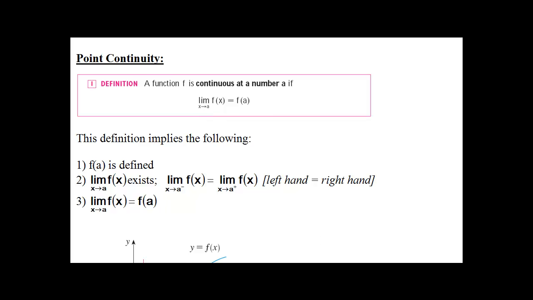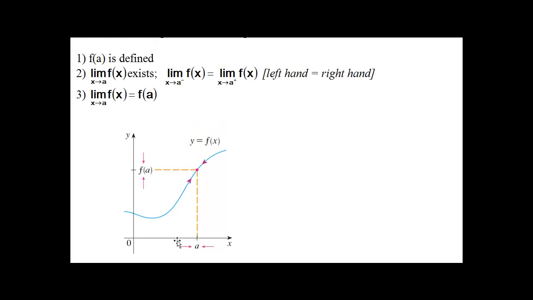Let's look at a graph that will help you visualize these three parts to point continuity. First, notice that the function value is defined at x equals a. F of a is the height of the solid dot. Next, notice that both the left-hand limit and the right-hand limit are approaching the same height.